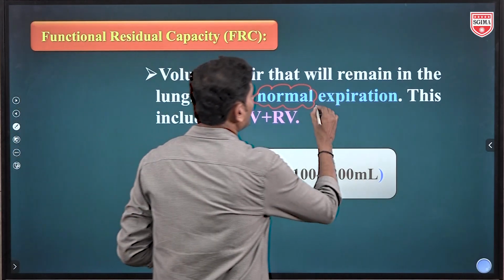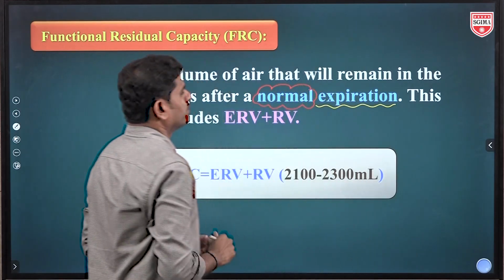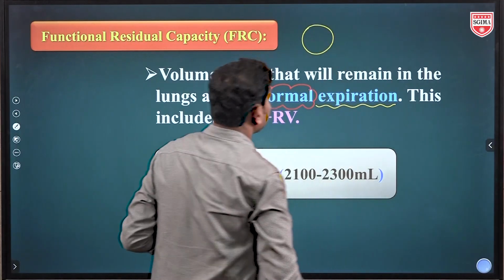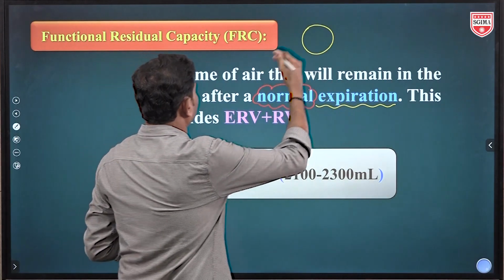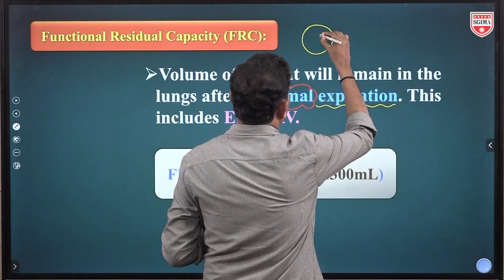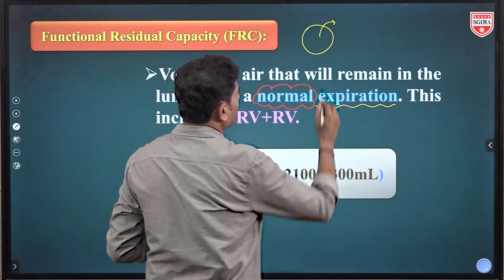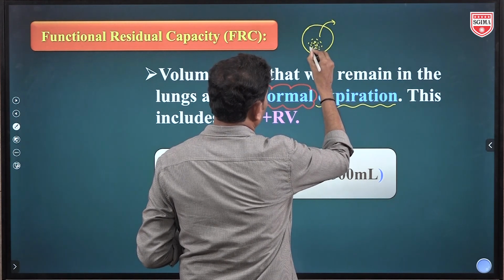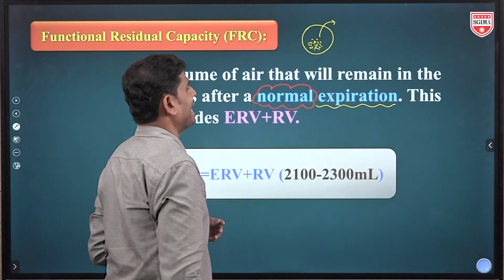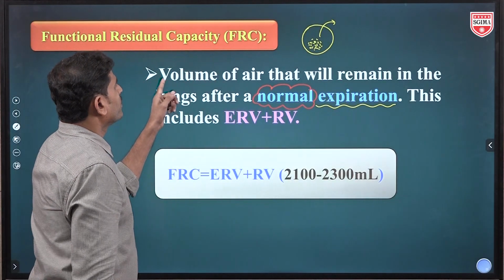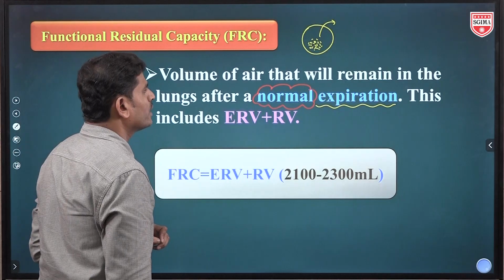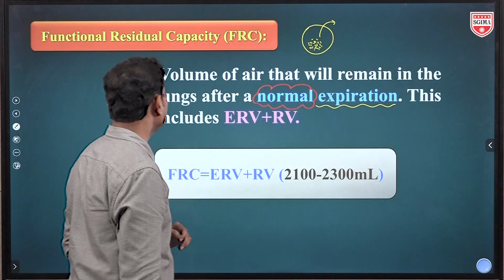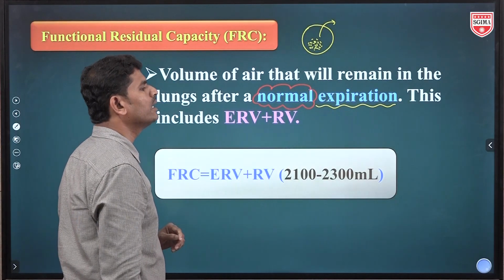Okay, so normal expiration. Then how can we draw the diagram here? It is a person, he can normally expire. The air that remains inside after normal expiration is known as functional residual capacity, the volume of air that remains in the lungs after normal expiration.